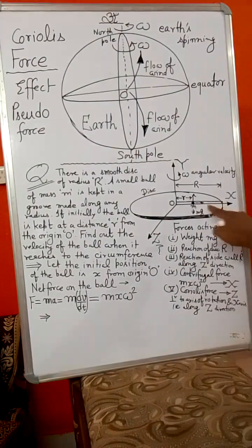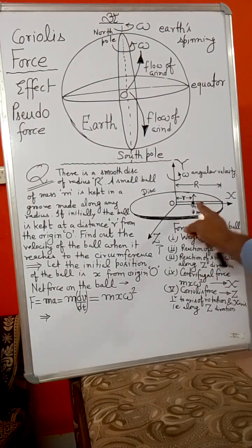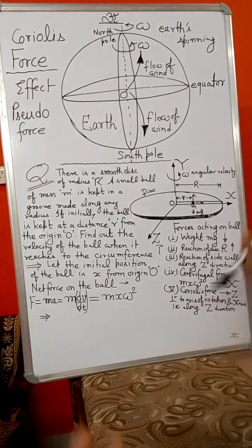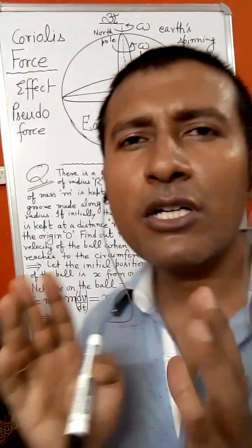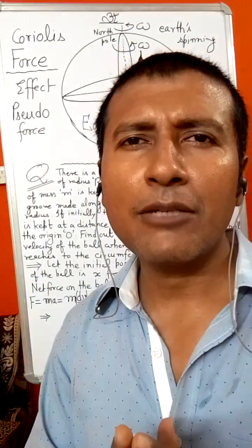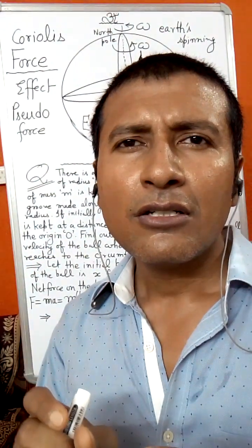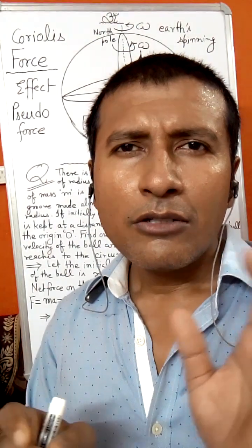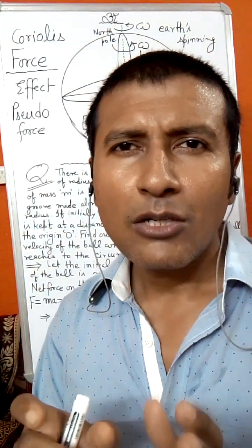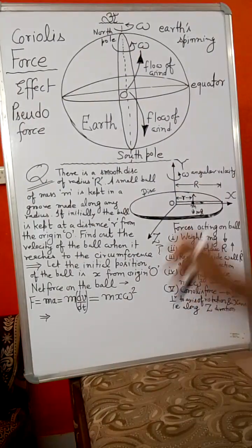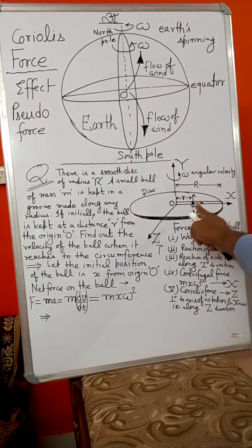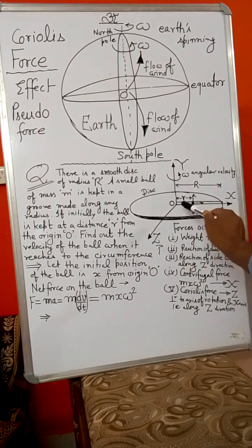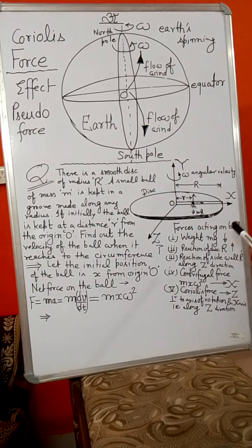So the centrifugal force will be m x omega square. Let's consider that for a particular instant, the distance of the ball from the origin is x. Now x is a variable. So the centrifugal force acting on this ball will be m x omega square, and its direction will be towards OX.